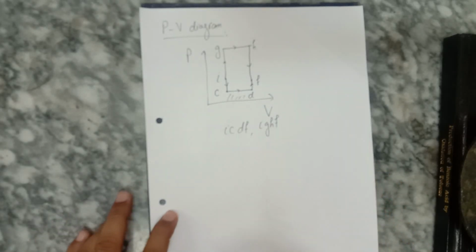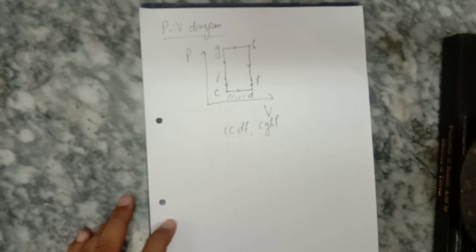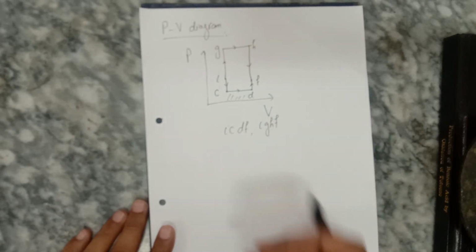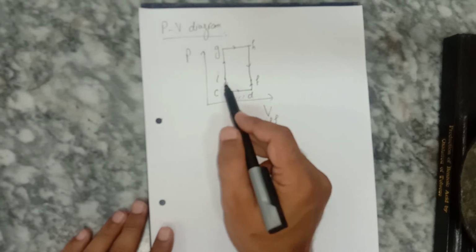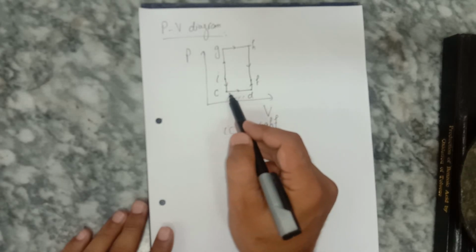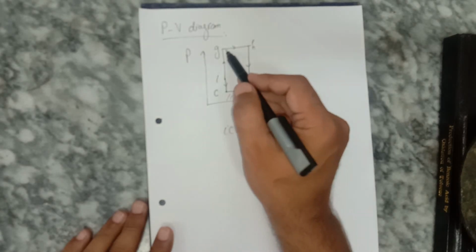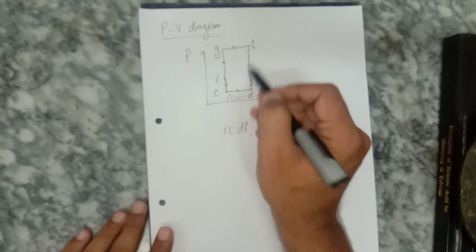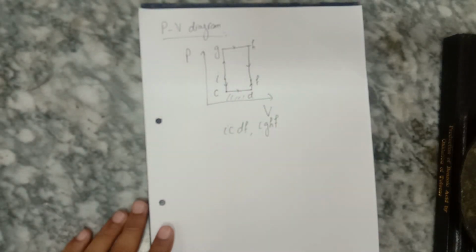So you can see in this case that you can make the work done by the gas small by choosing the path ICDF, or you can make it large like this by choosing the path IGHF, right?